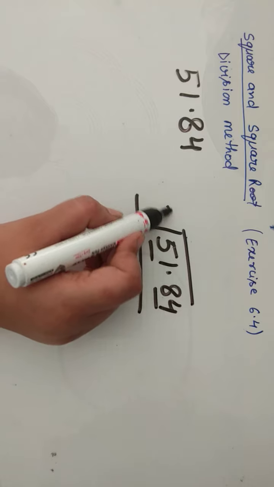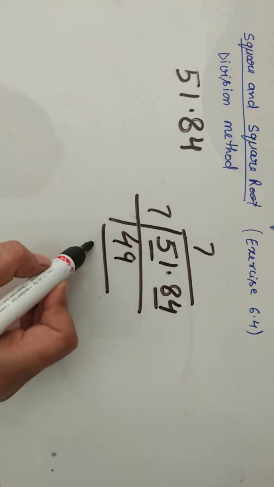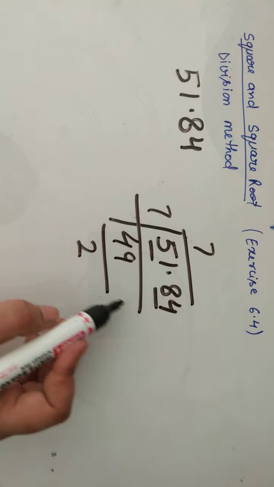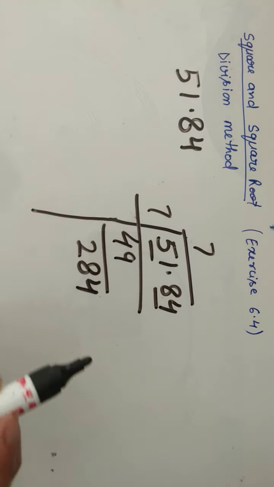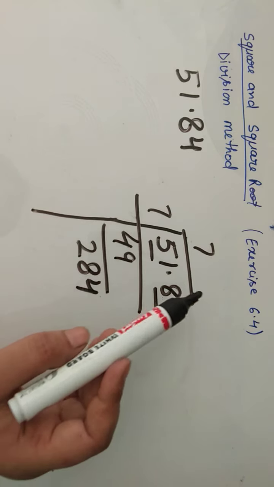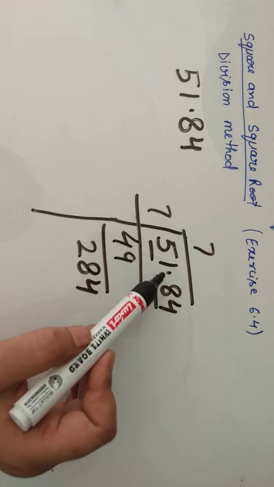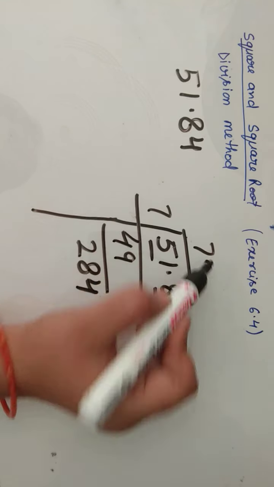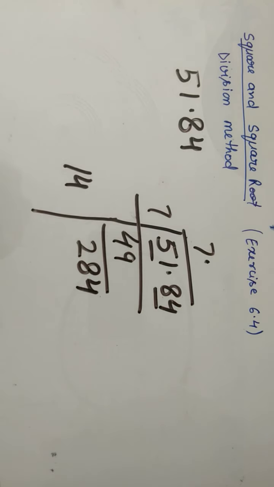So check it: 7 7s are 49, and we are getting 2.